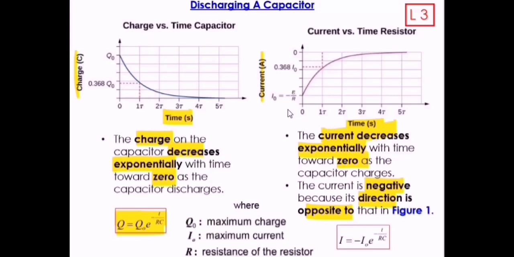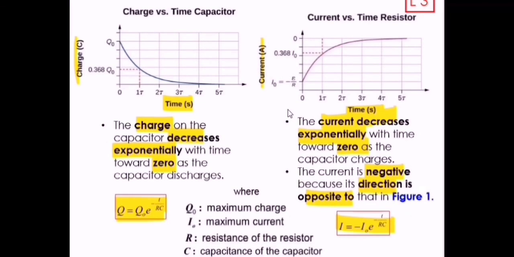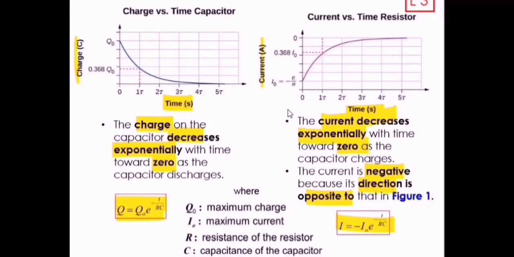So here we have the graph for current versus time for the resistor, and this would be the equation for the discharging of the capacitor. We know Q naught is the maximum charge, I naught is the maximum current, R is the resistance, and C is the capacitance.